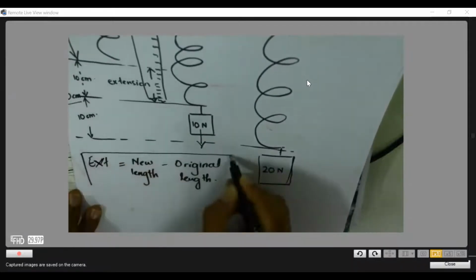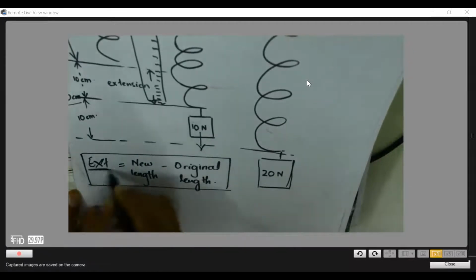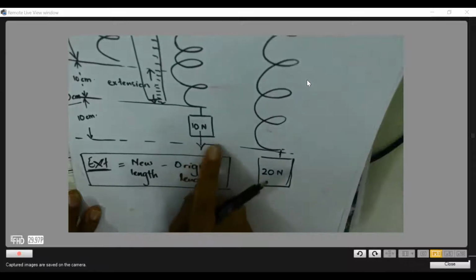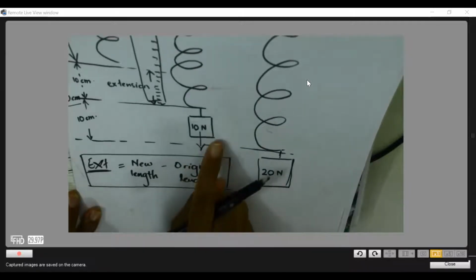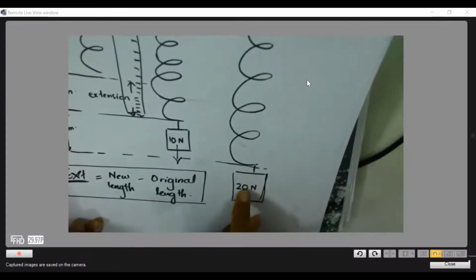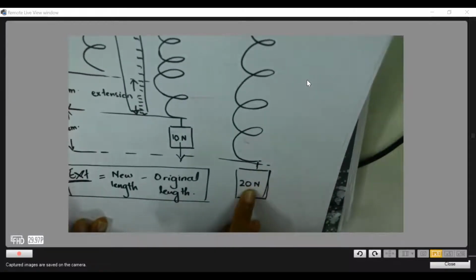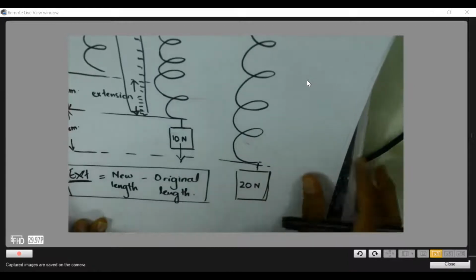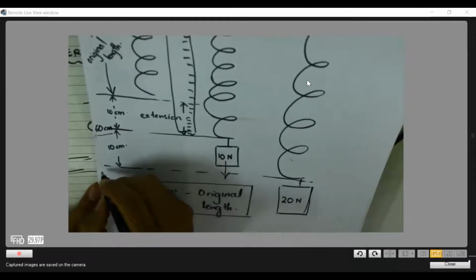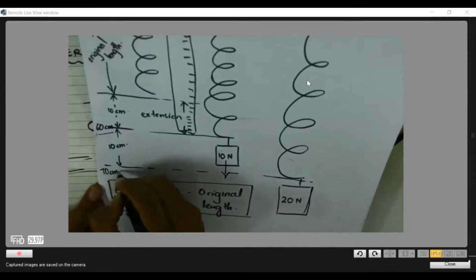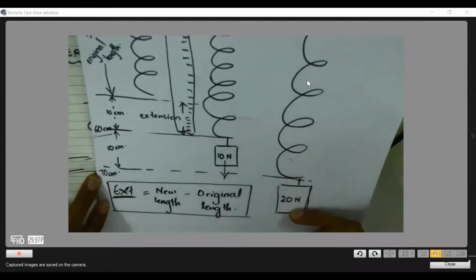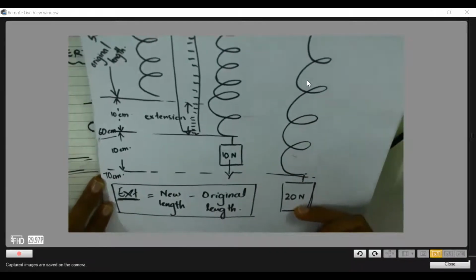And it is the extension which is directly proportional to the force or to the load. This is called load or force. Now, if we hang 10 more newtons, and now 20 newtons are hanging from the spring balance, there is a further increase in the length, and the new length would be 70 centimeters. At 20 newtons, what is the extension?